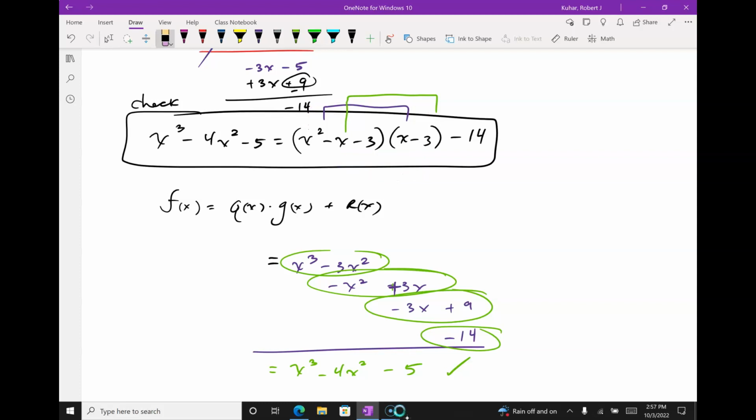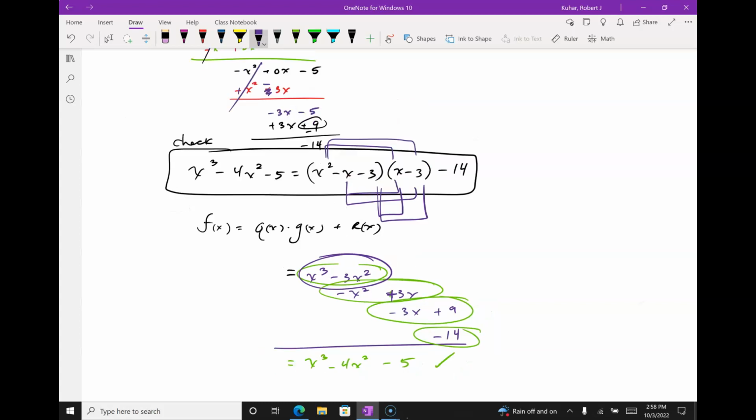So my first row is going to come from me multiplying to here and to here. So there's my x cubed minus 3x squared. My next row is going to come from here and here. There's my minus x squared, my plus 3x. The next row is coming from here and here. You got it though, right?